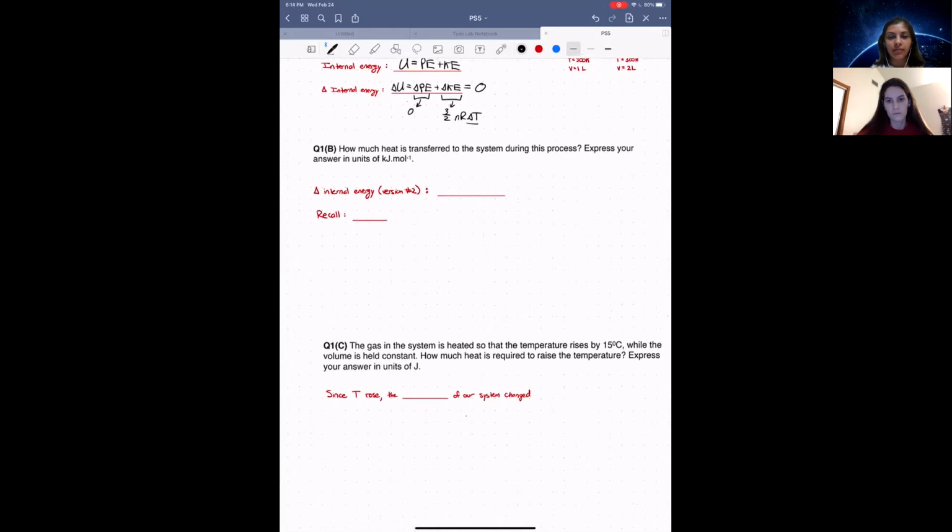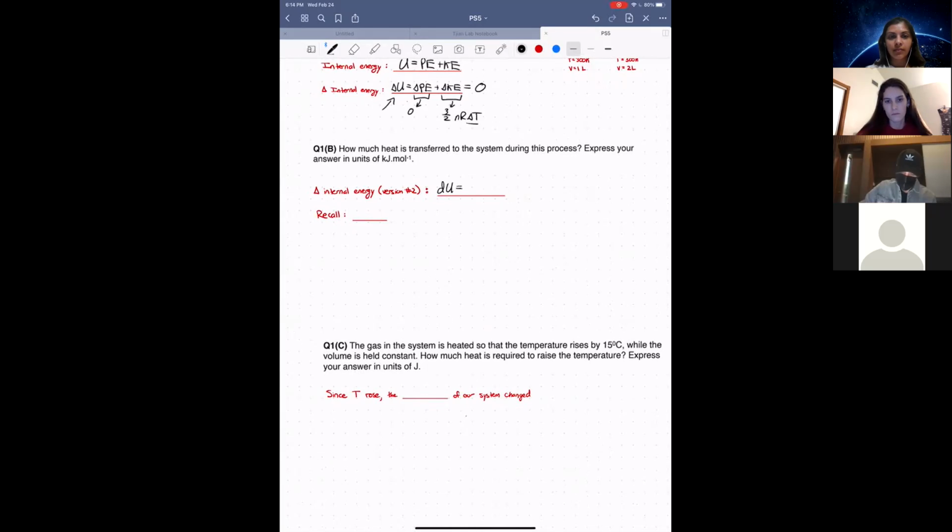And then, how much heat is transferred to the system during this process? So there's another equation for the change in internal energy. You could either use the equation that I gave above, or there's also dU equals dq plus dw, where dq is equal to heat transfer, and dw is equal to work.